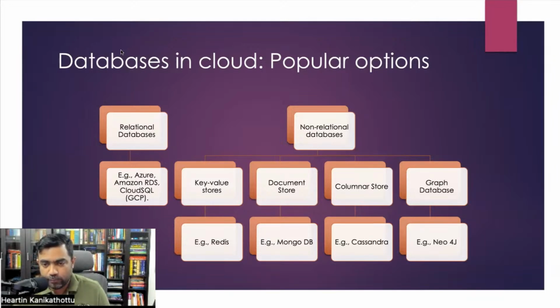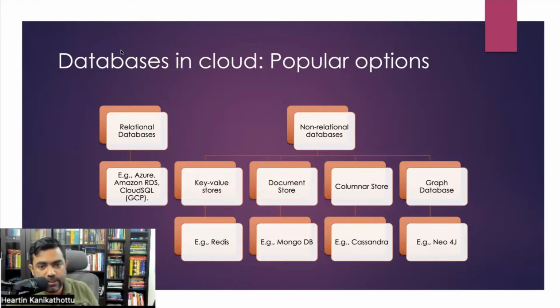And then, if I go with non-relational databases, whether I need a key-value store, document store, columnar store, or graph database. There are many cloud-agnostic ones available, and there are also many options available on the cloud.